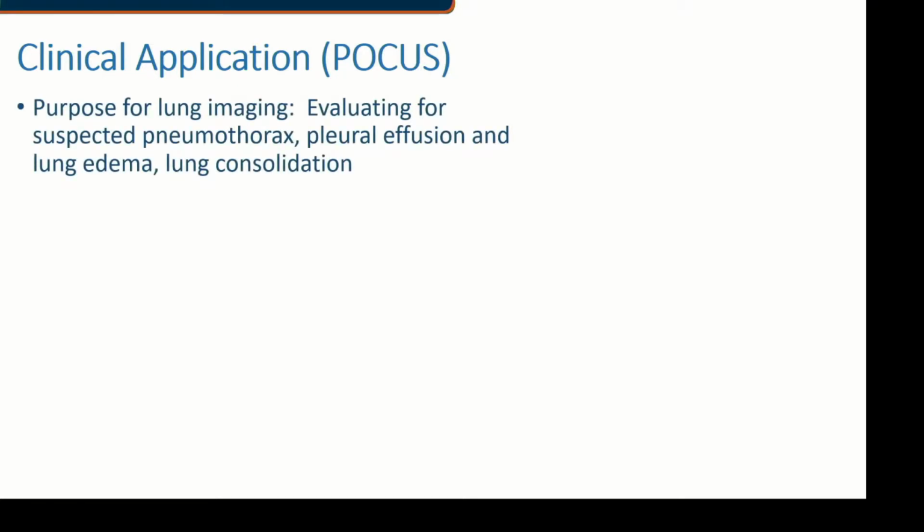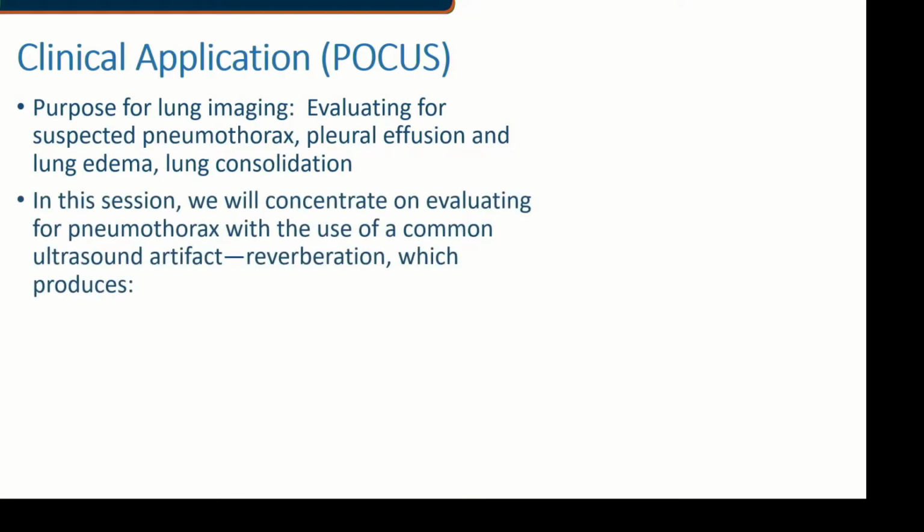Okay. So for our clinical application, the purpose of doing lung imaging is to evaluate for suspected pneumothorax, pleural effusion, lung edema, and lung consolidation. For this session, we're going to be concentrating mostly on evaluating for pneumothorax with the use of some really common ultrasound artifacts, reverberation specifically.